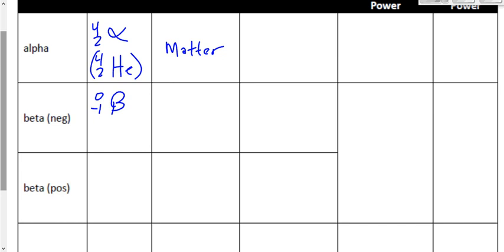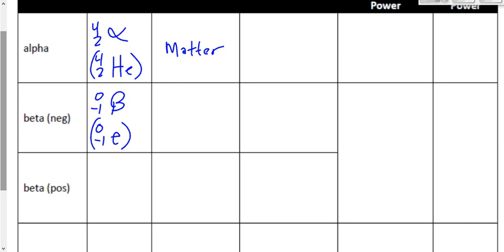How many protons in a beta particle? Not -1? What? How many neutrons? Well, there's 0 protons and neutrons. So what does this mean? A beta particle is an electron. It is identical to an electron, and sometimes we see it written 0, -1, e as a result of that.